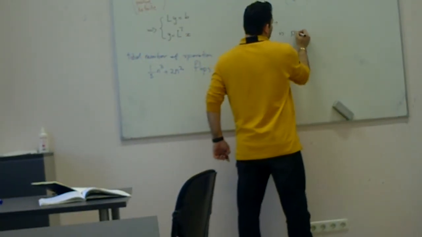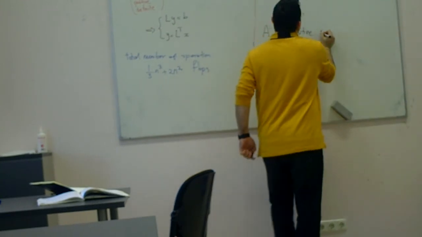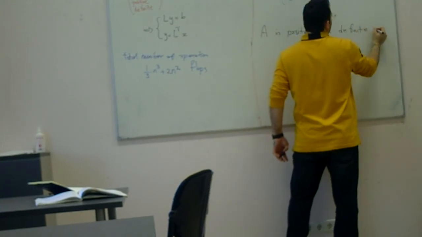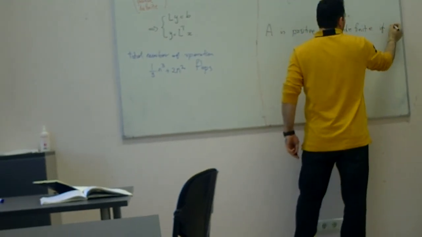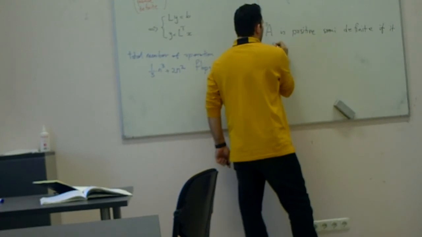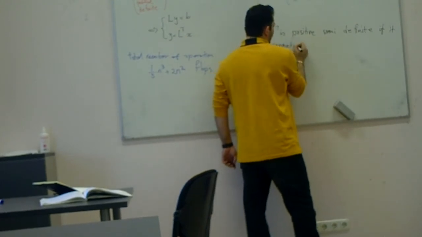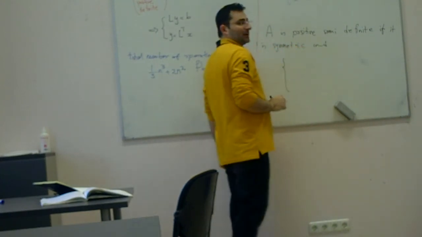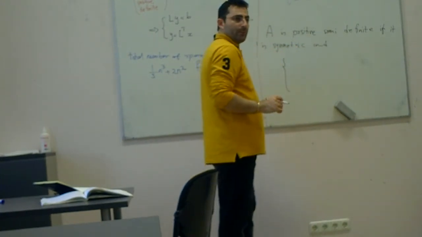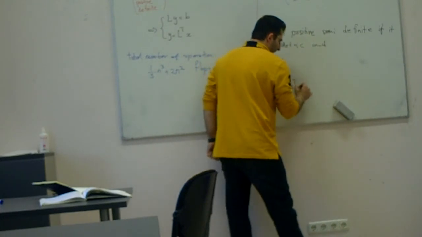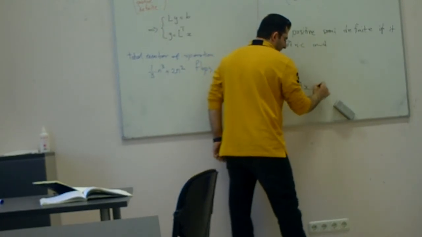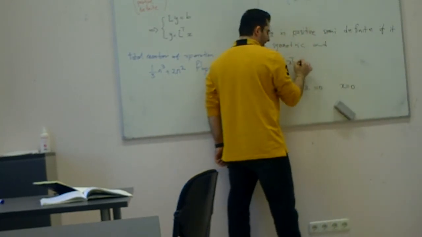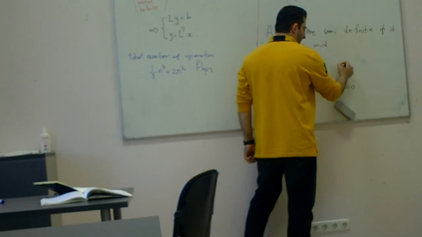A is positive semi-definite if it is symmetric and, okay, can you tell me what the condition is? Definitely x transpose A x is equal to 0 if x is equal to 0. What about when x is not equal to 0?